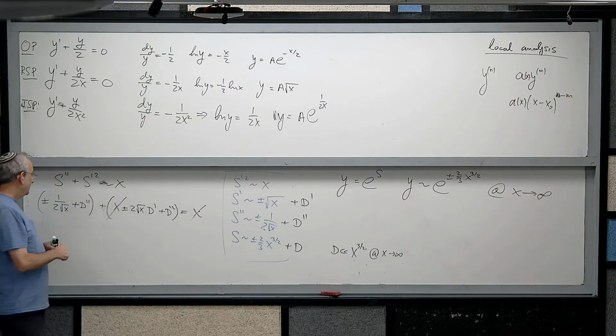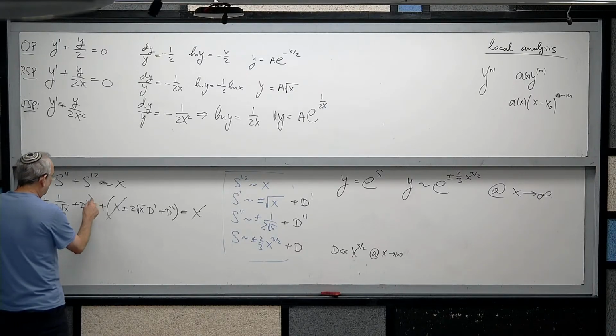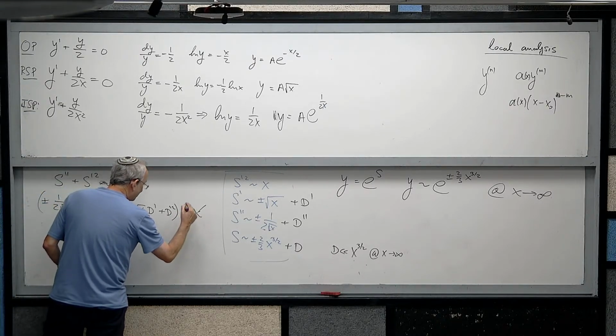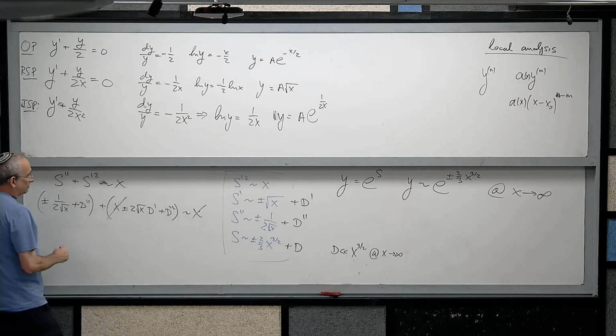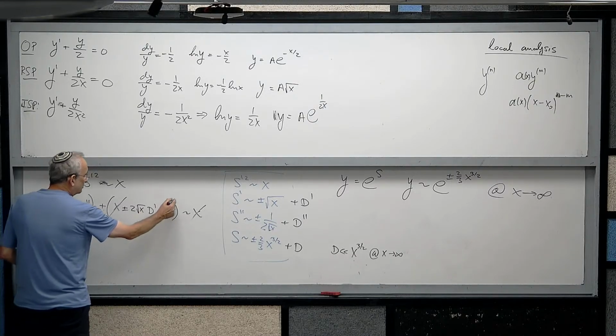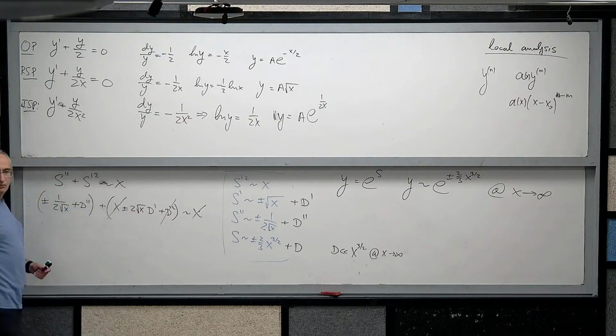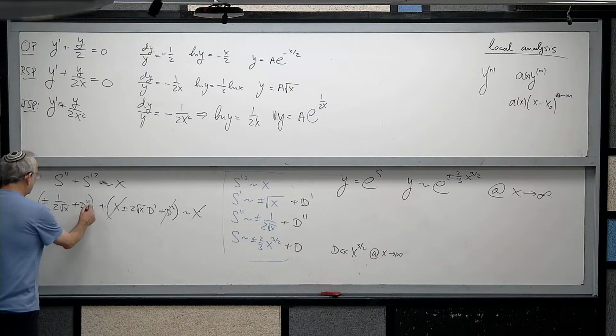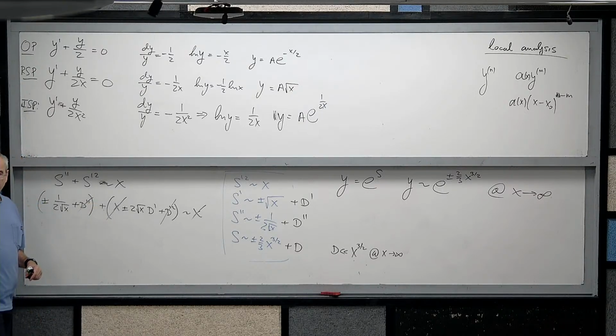Right? And we can also say that D prime is negligible with square root of x. So this is much smaller than that as x goes to infinity. And D double prime is much smaller than that, so we take that out.